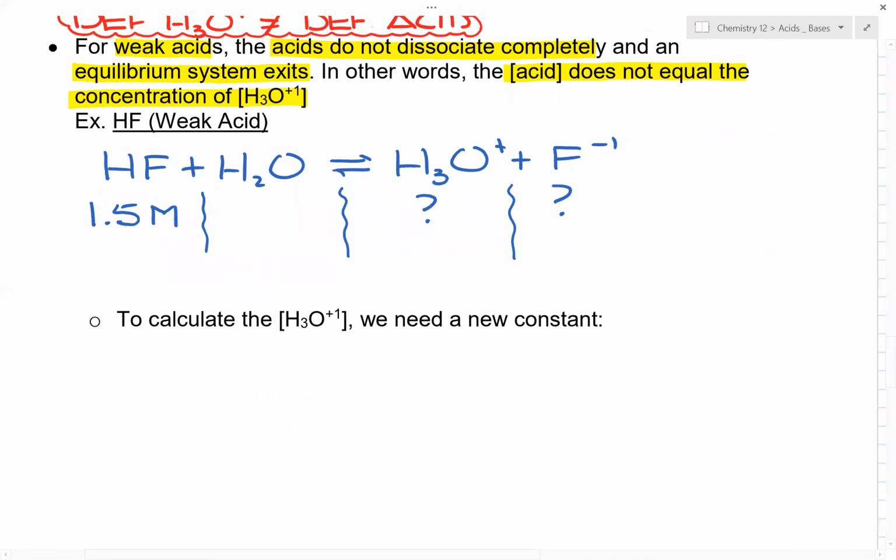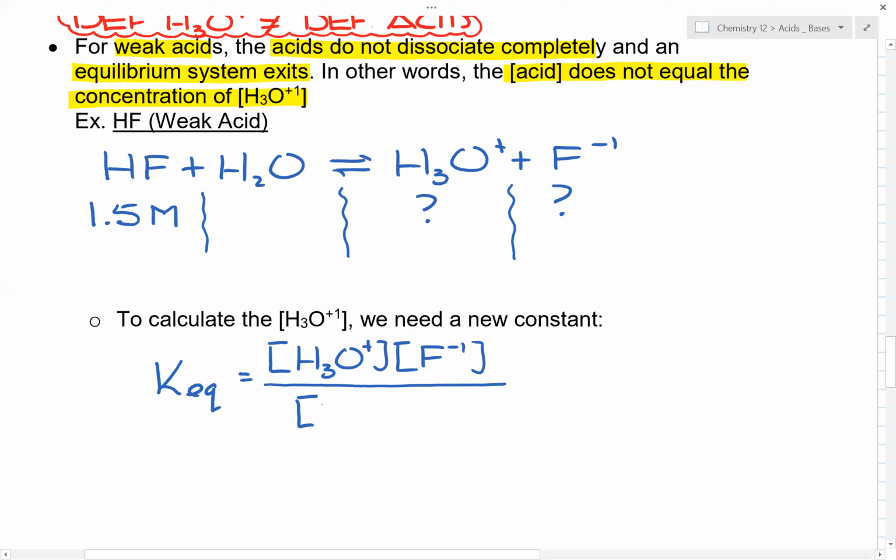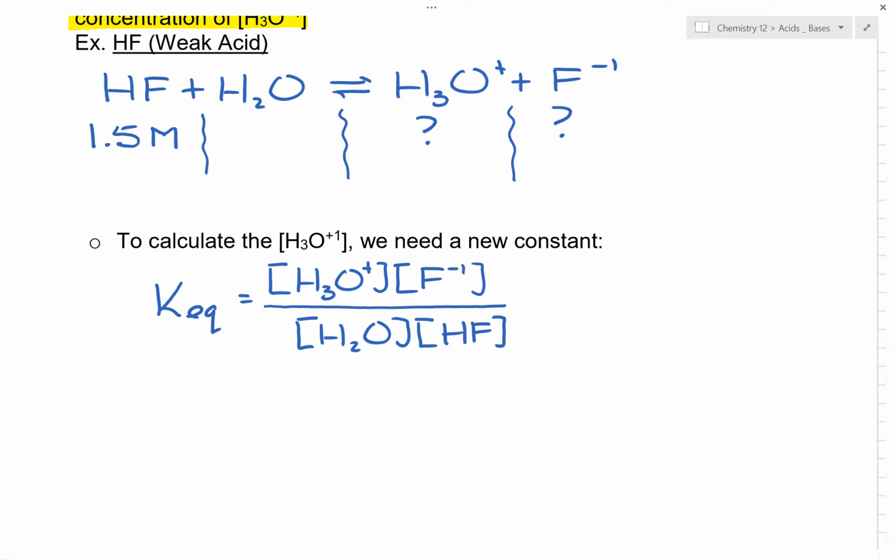So to calculate the H3O plus for weak acids, we need a new constant. Since this is an equilibrium, we have Keq equal to the concentration of H3O plus times the concentration of F minus 1, all over the concentration of H2O times the concentration of HF. Now, since the water is a constant concentration and it's pure water, we can merge it into the Keq.